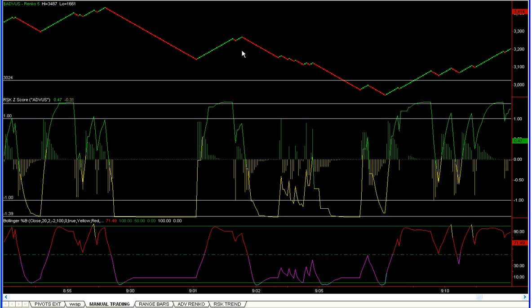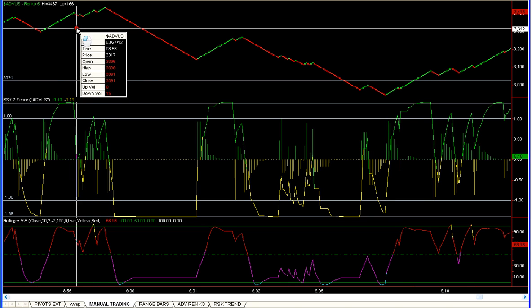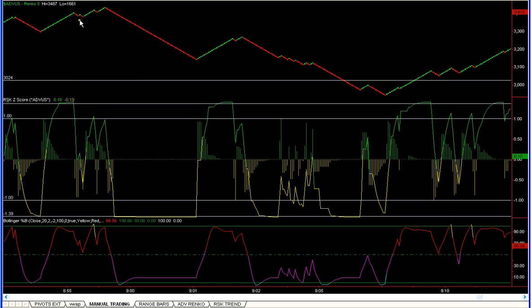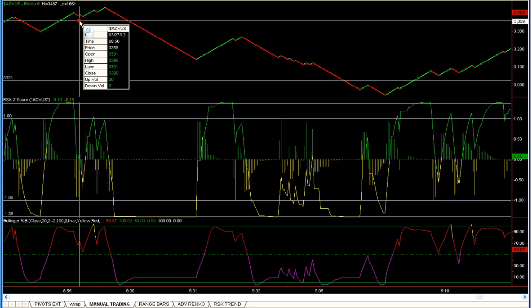Divergence does not necessarily mean that you're going to get a change in direction. Again, let me clarify what I'm saying. Let's just say right there, you're at a lower high on the AD.